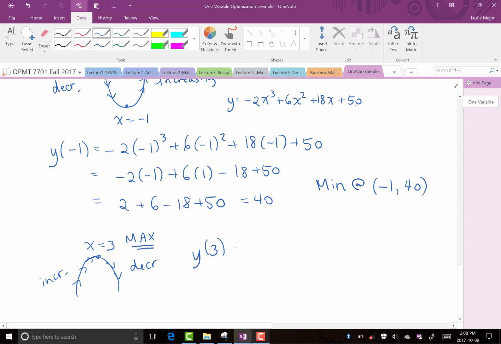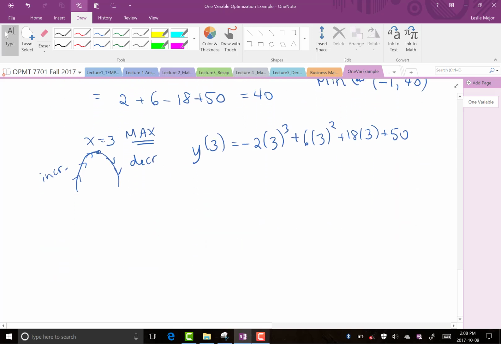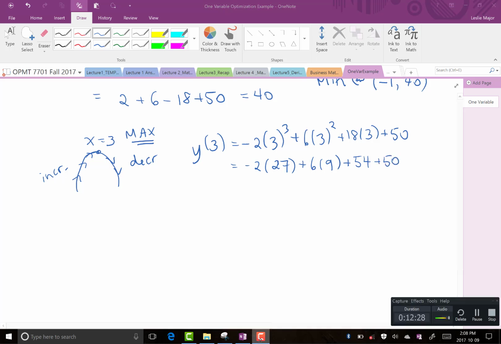Y at positive 3 is going to give us negative 2 times 3 cubed, 6 times 3 squared, plus 18 times 3 plus 50, which is going to give us quite a large number. Let's see what that gives us.